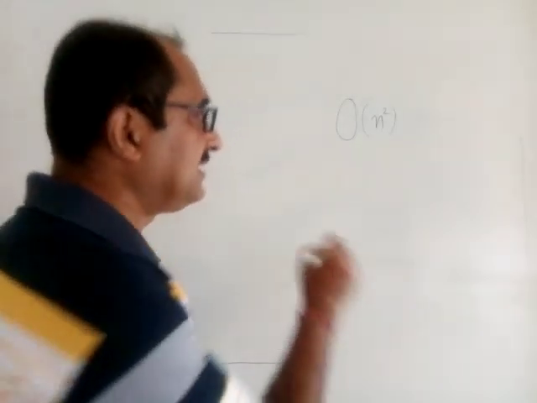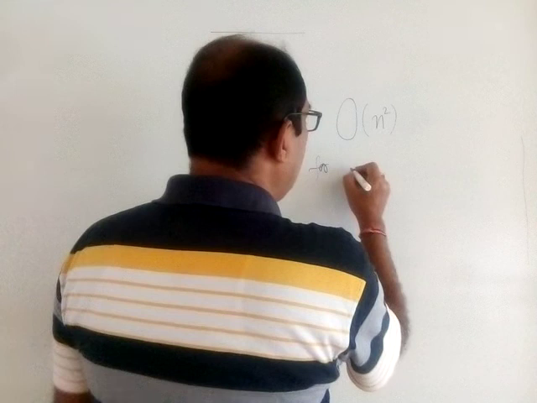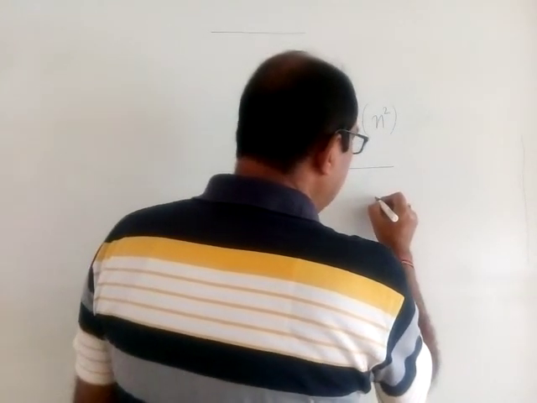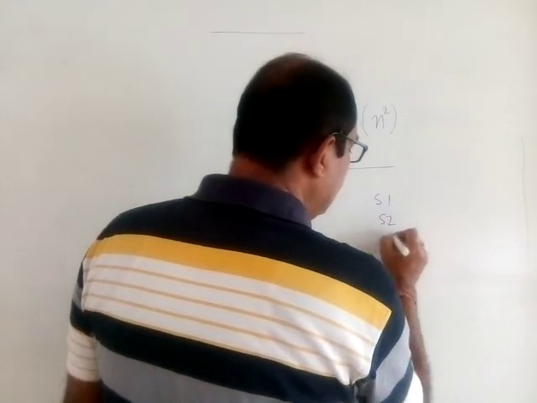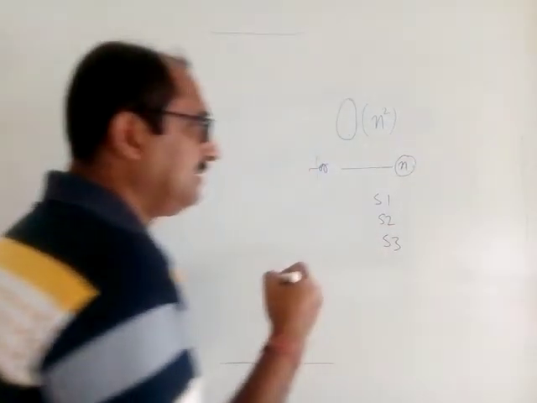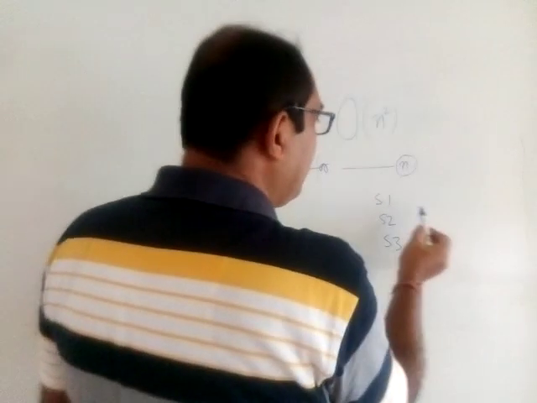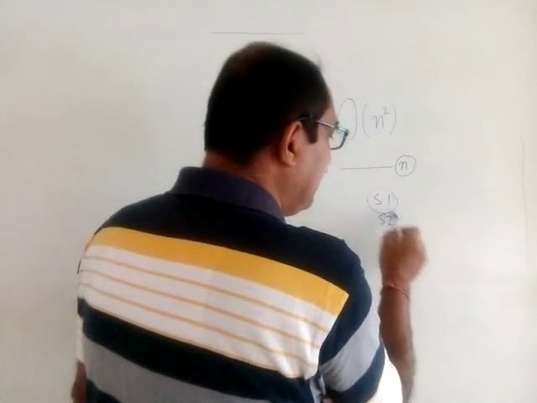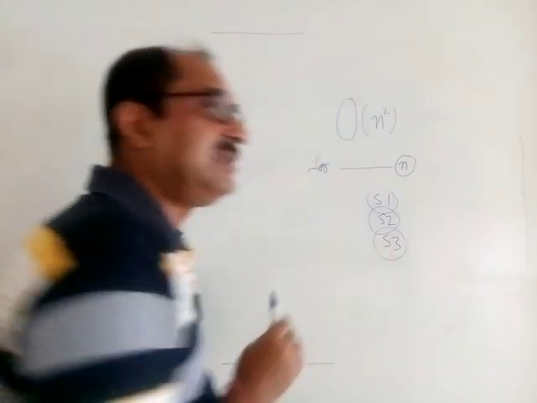What does it mean? Yesterday I told you that if you take a for loop which includes statement 1, statement 2, statement 3, and say the for loop works n times, then for every iteration of the loop, statement 1, statement 2, statement 3 are executing.